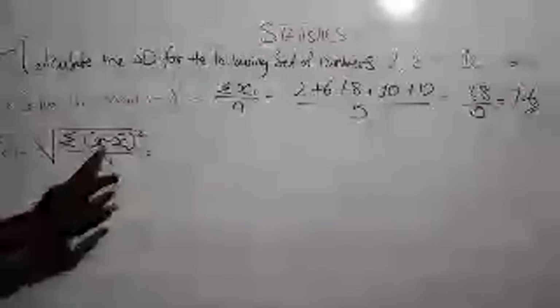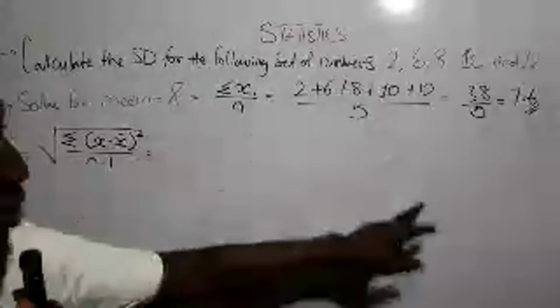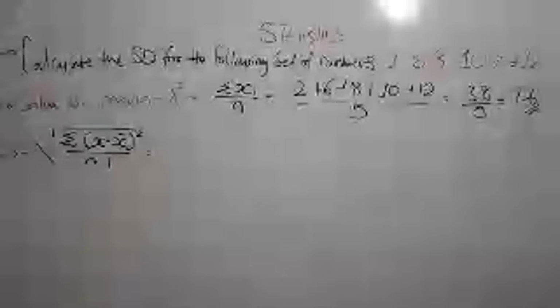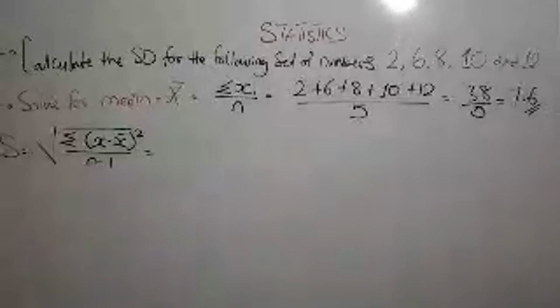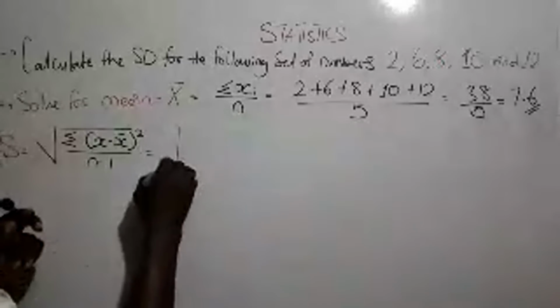Now, to get the summation of (x minus x bar) raised to the power of 2 all over n minus 1, we already have our x bar. Our x bar is 7.5. Are we together? So what we are expected to do in this case, first, we have a long root.